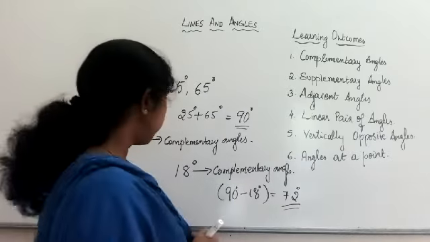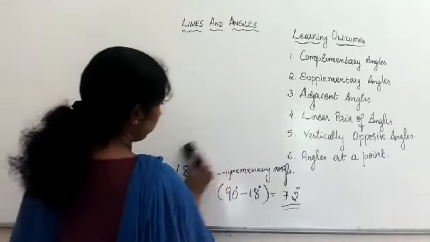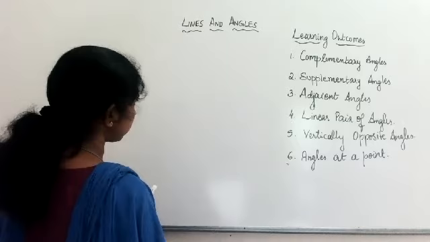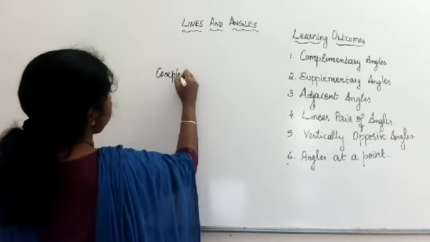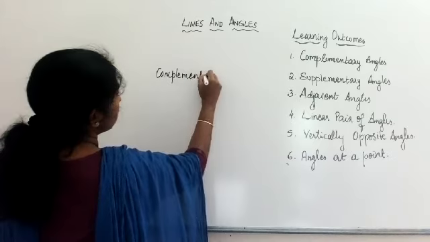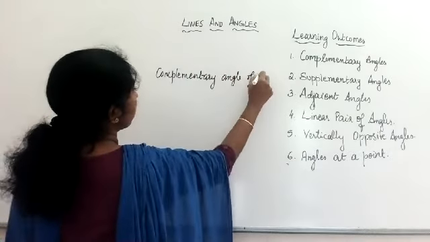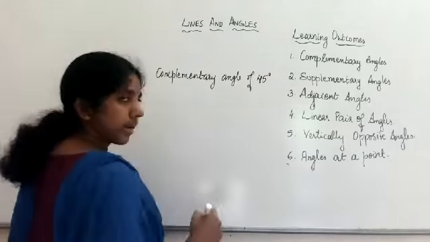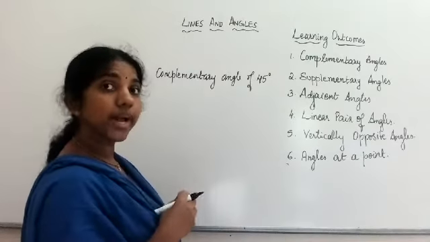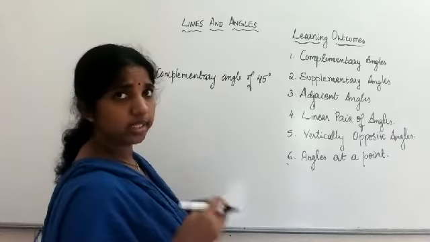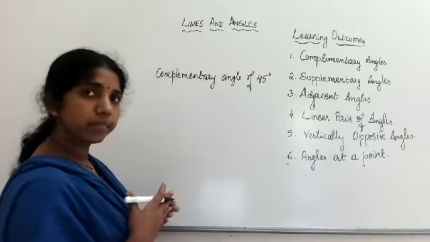What is the complementary angle of 45 degree? We know that complementary angles mean that if you take two angles and their sum happens to be 90 degree, then those two angles are complementary.